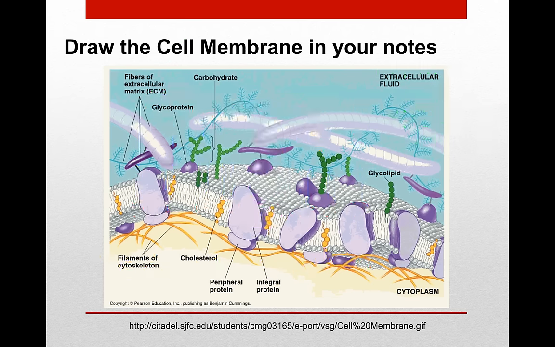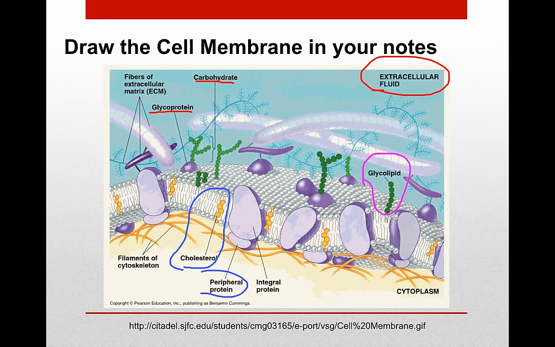Make sure you label the glycoprotein, the carbohydrate chains, extracellular fluid. Oh, we forgot to add this glycolipid. You should put that in. And this cholesterol, peripheral protein, integral protein. You can also add, this is the cytoplasm.